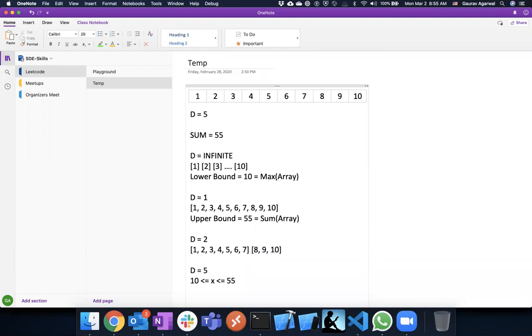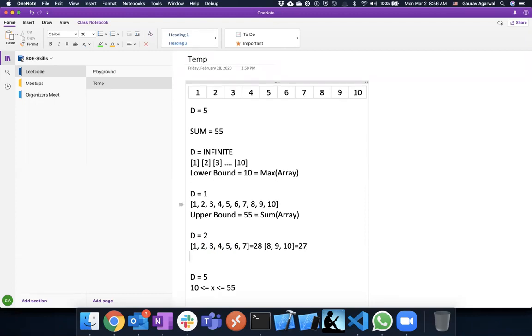So the left sum is 28 and the right sum is 27. I guess we have a pretty good division here. So the size x in this case should be 28.